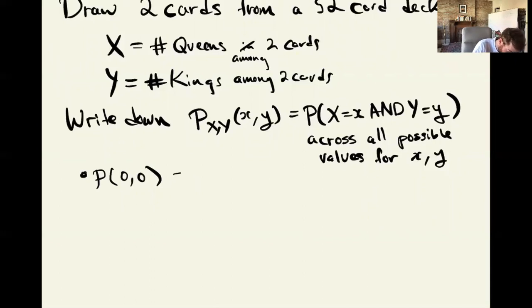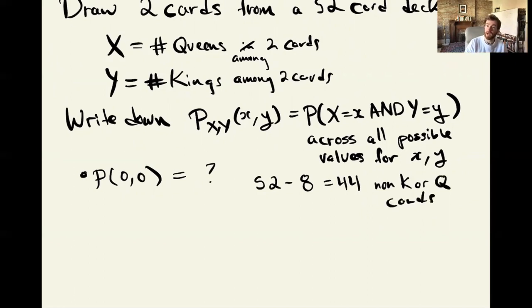Well, the observation is if I'm drawing neither a king nor a queen, then I need to remove the 8 cards that represent kings or queens. So that means that we have 44 non-king or queen cards.